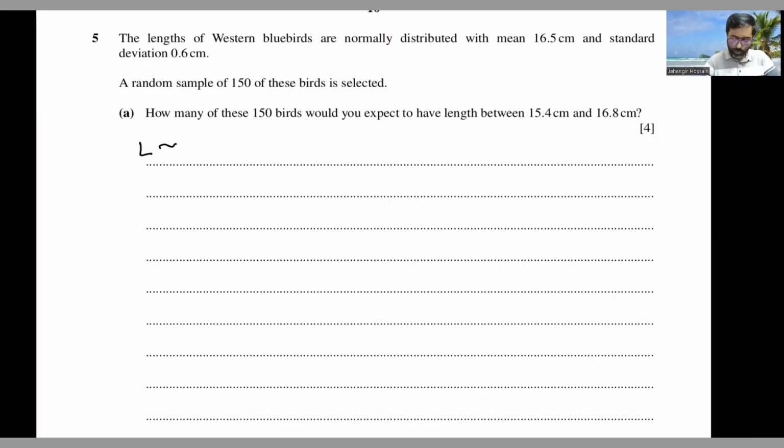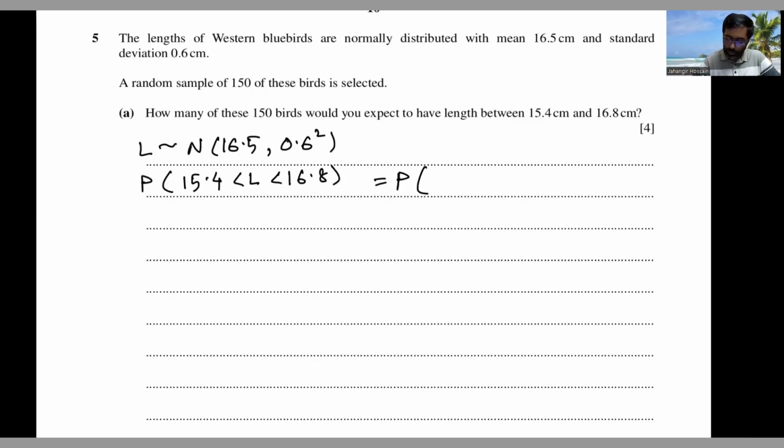So, first, the length follows a normal distribution with mean 16.5 centimeters and standard deviation 0.6. So to find the probability where length lies between 15.4 and 16.8, convert it to Z. Remember, for Z we have the formula x minus mean divided by standard deviation.